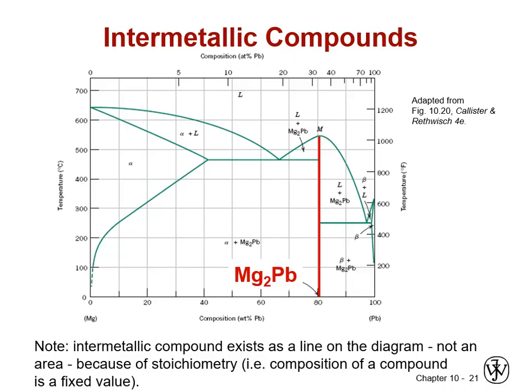They melt at extremely high temperatures, and many of them have very limited solubility for other things in them. Ones that have almost no solubility to either side are called stoichiometric compounds. And this Mg2Pb, or magnesium plumbate, I guess, could be one way you'd call it, probably not. But it's a magnesium lead intermetallic. It's practically a stoichiometric compound.